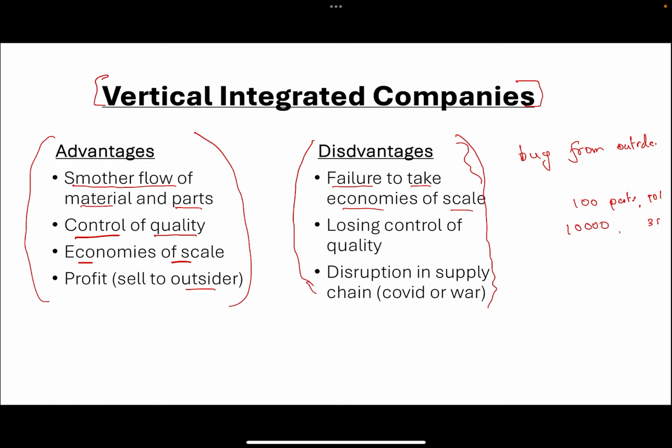For example, two years back during COVID, there was a disruption in the supply chain of semiconductors, which adversely affected the manufacturing of various products, including cars, PlayStations, and a lot of other products. So the supply chain can be affected if you depend upon an outsider for a particular product. So these are the advantages of making on your own, and these are the disadvantages of buying from outside.